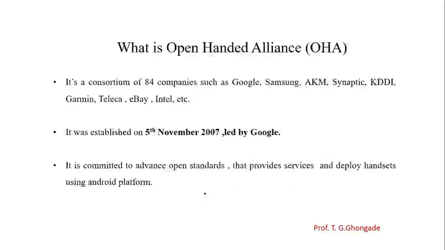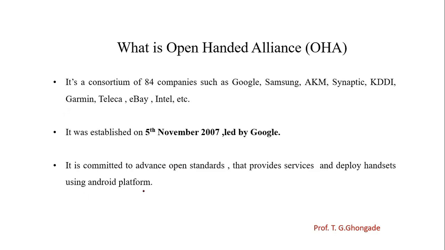Now what is the Open Handset Alliance? The Open Handset Alliance is a consortium of 84 companies such as Google, Samsung, HTC, Synaptics, KDDI, Deutsche Telekom, eBay, Intel, etc. So lots of companies are there, and it was established on 5th November 2007, led by Google. This OHA is committed to advancing open standards that provide services and deploy handsets using the Android platform.